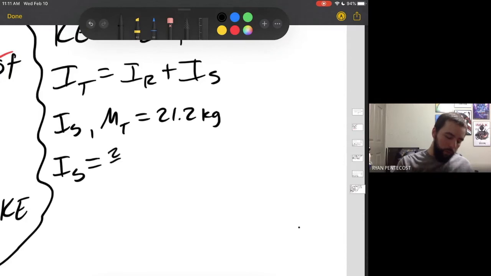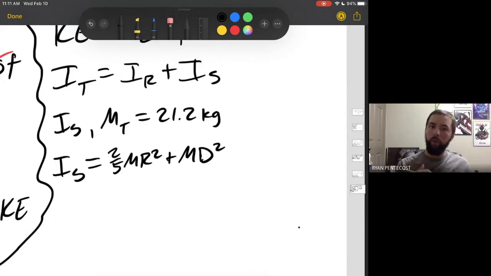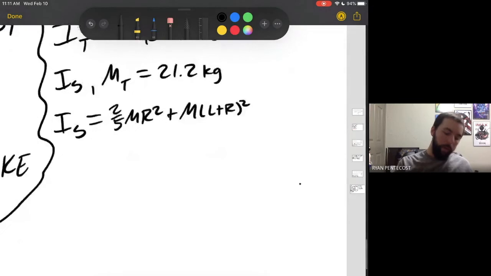So for the moment of inertia of the sphere, we're going to use the parallel axis theorem. You've got 2/5 mr squared plus md squared. And that d is going to be L plus r. That's the distance from the pivot up to the center of mass of the sphere. So that will be L plus r squared. But again, new mass.